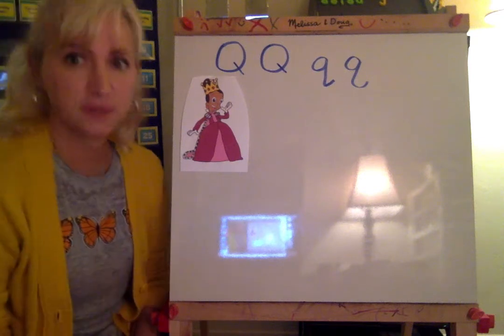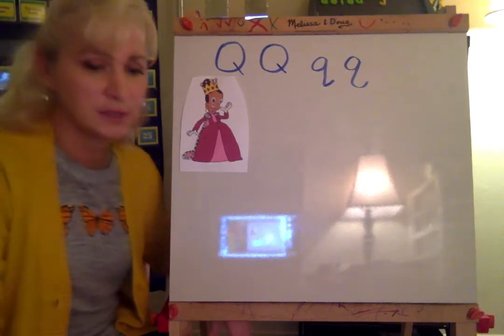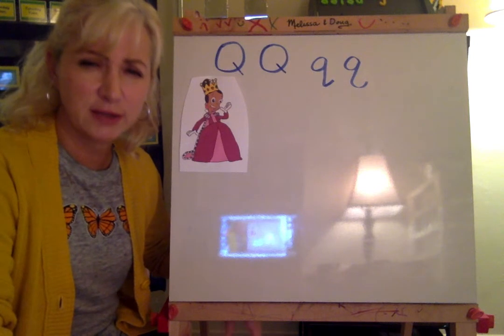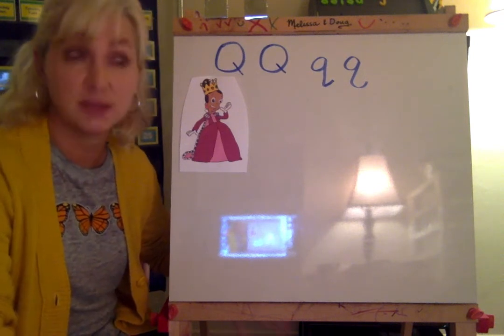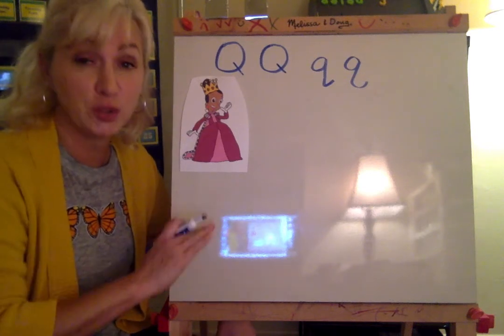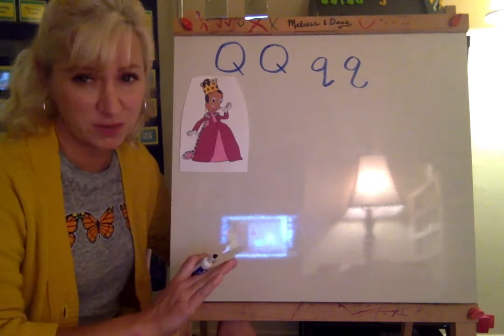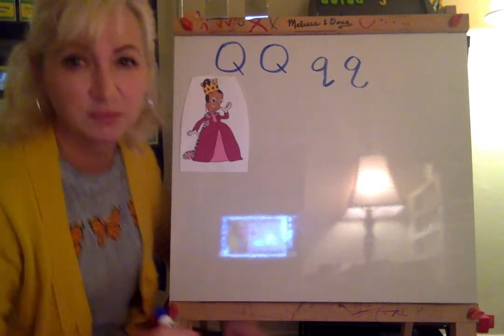And there's another thing I forgot to tell you. Now, Q is kind of a shy, little scaredy cat kind of a letter, and he doesn't like to go anywhere without his best friend in the whole wide world, which is the letter U. Q and U are always together. I think they should get married, but that's for another day.